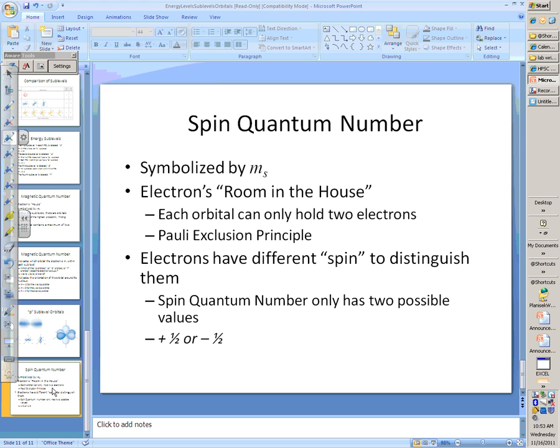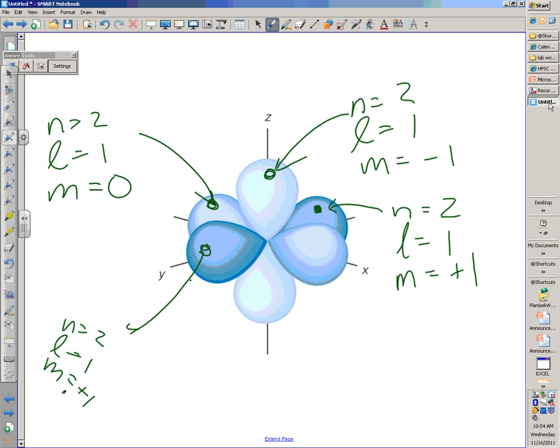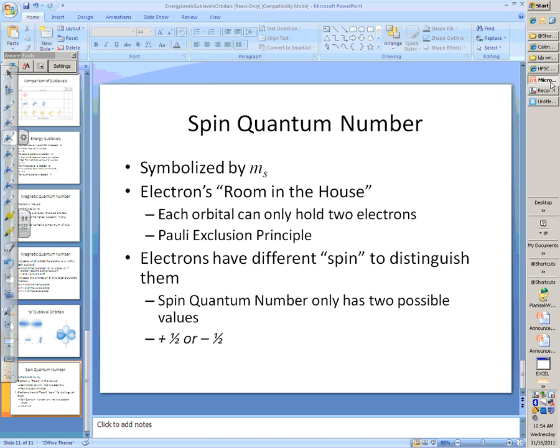The last one is the spin quantum number, symbolized by M sub S, so let's just call it S. So we have N, L, M, and S. Those are our four quantum numbers. The S value tells you the room that that electron lives in the house.